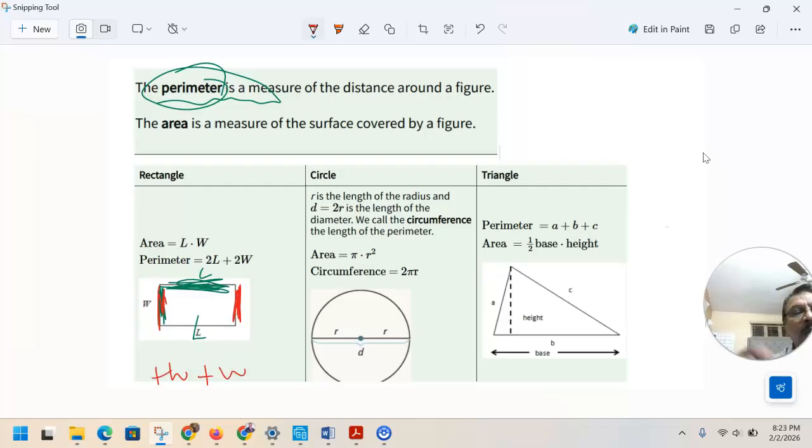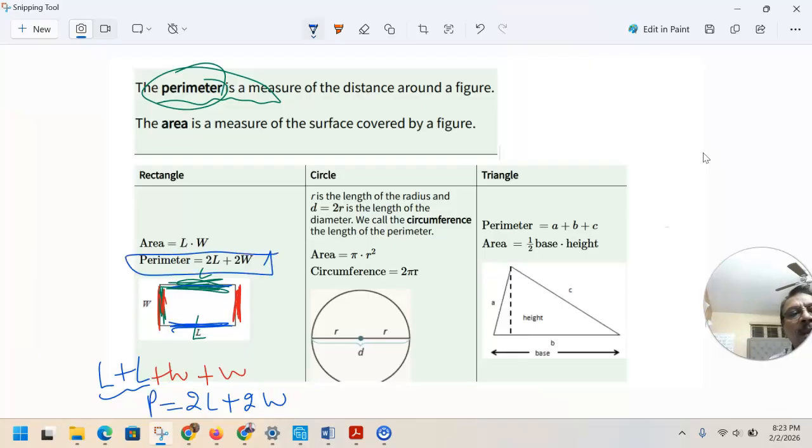If you add, and you can see this is the length L. It is L plus L, and you can see 2L plus 2 width. So that's why we use the perimeter P with this formula, and the area of the rectangle is length times the width. So you know this already.